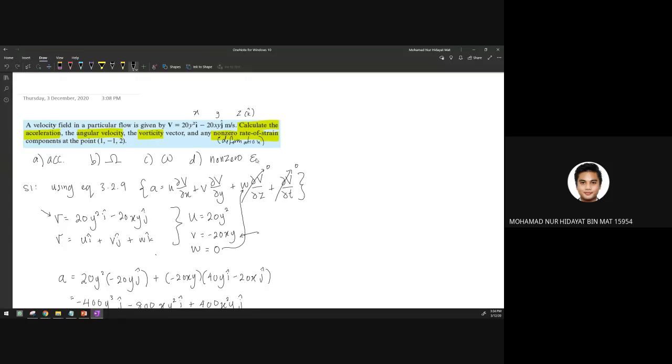Once the fluid is in motion, it will either rotate, or it might deform.